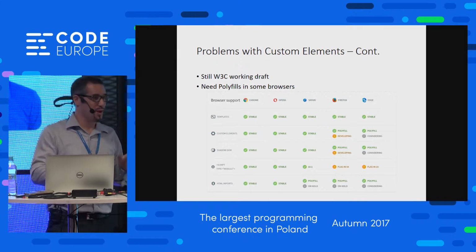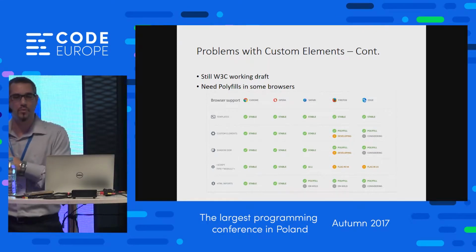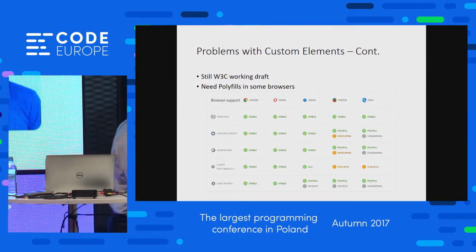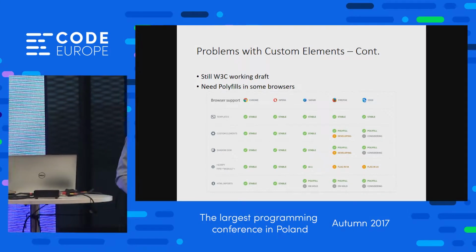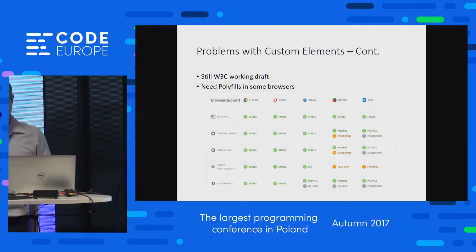So if you're aiming at Chrome, everything will work. If you're aiming at Opera, everything will work. But in other browsers, they are still considering adding the standards, okay? And that's not good for us. Really? Is there a better way?